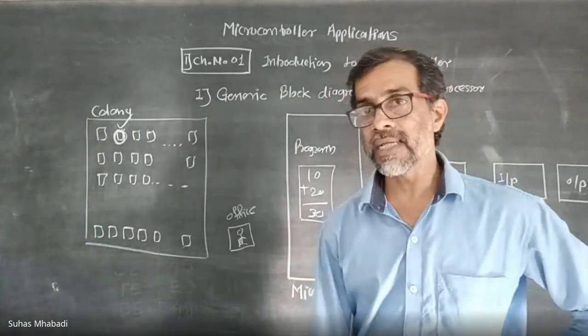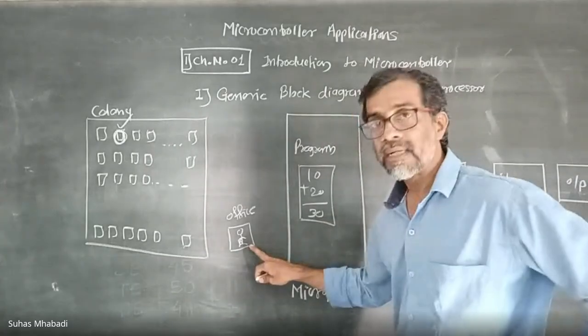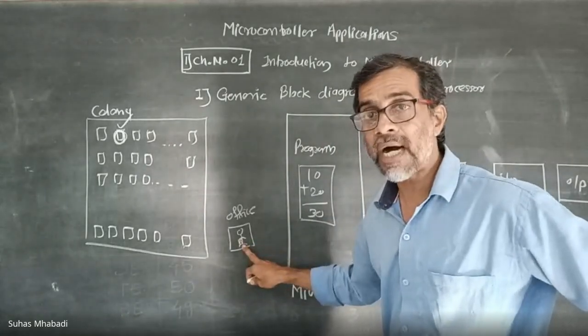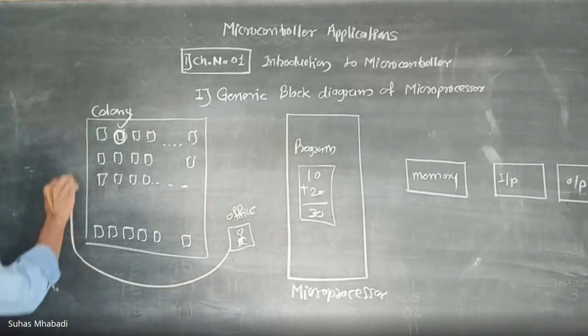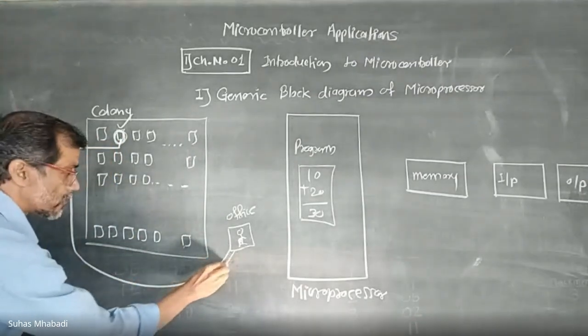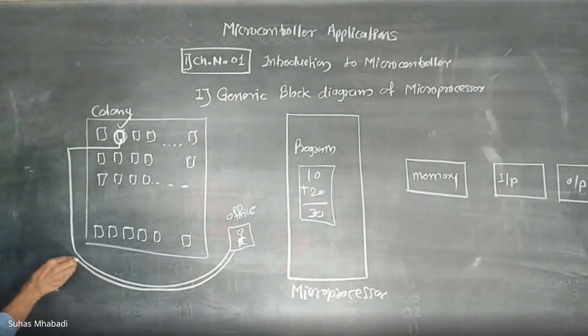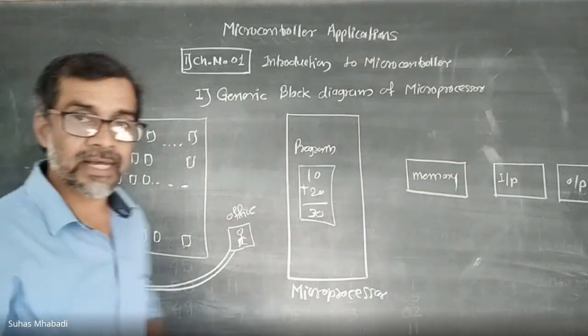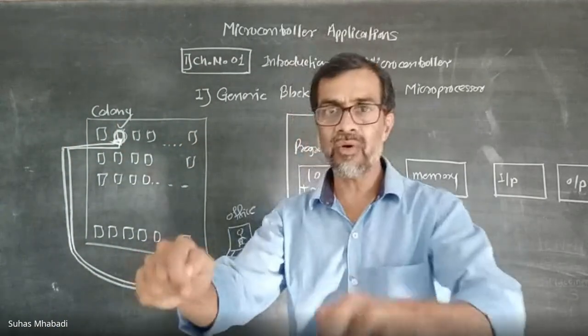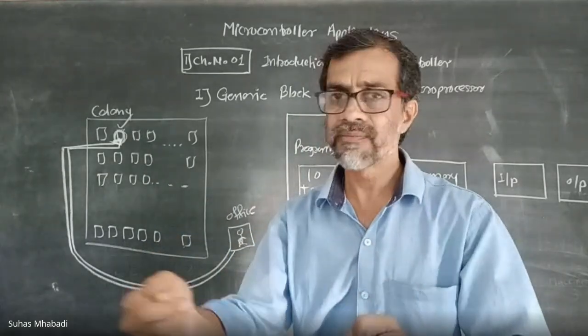So what does he require? He requires the address, or he requires a path. This is a road. You have to walk on the road, or drive a bike, or drive a car and reach the house.